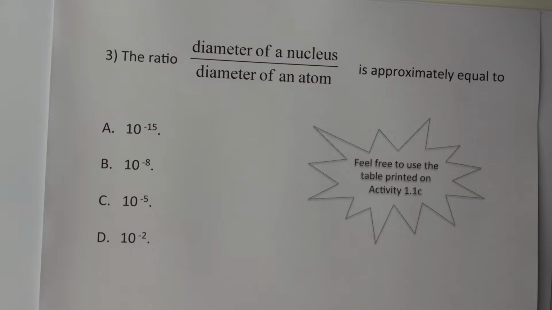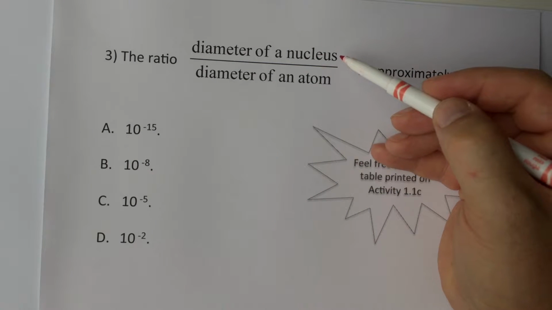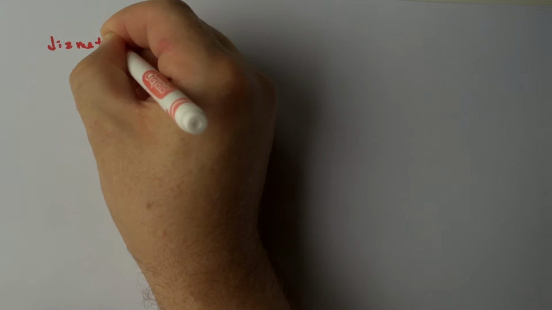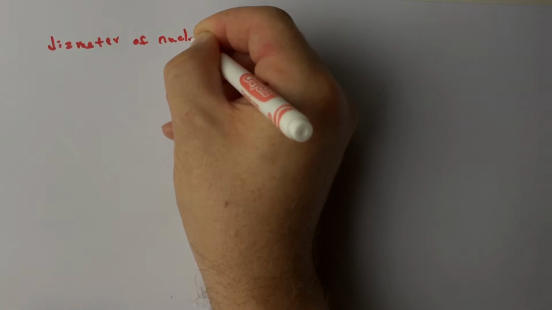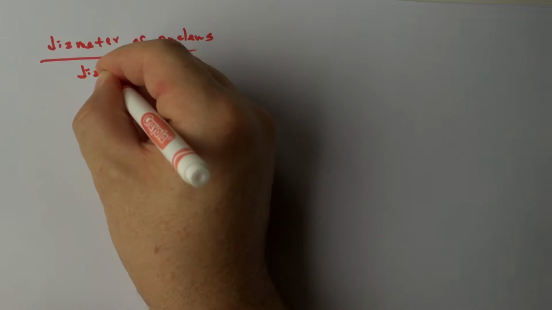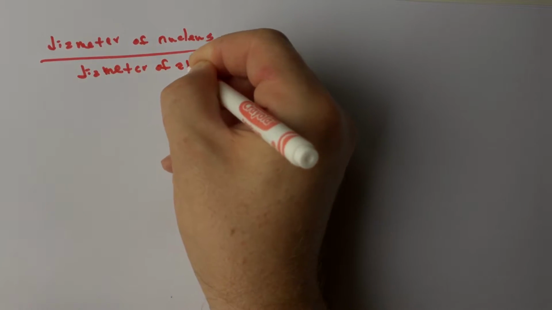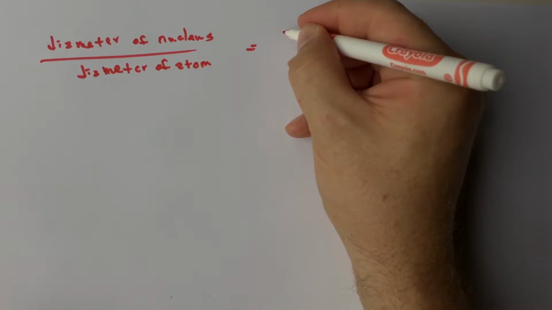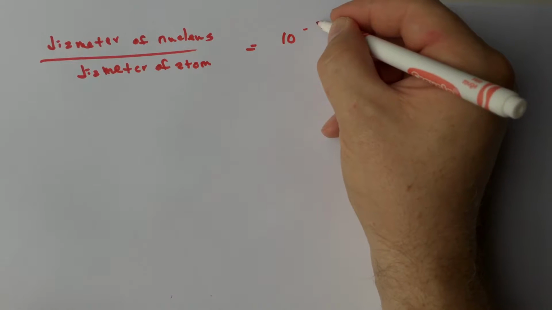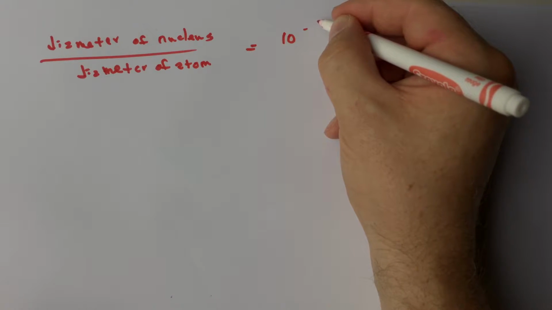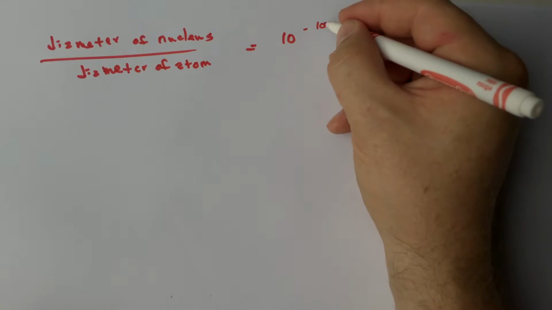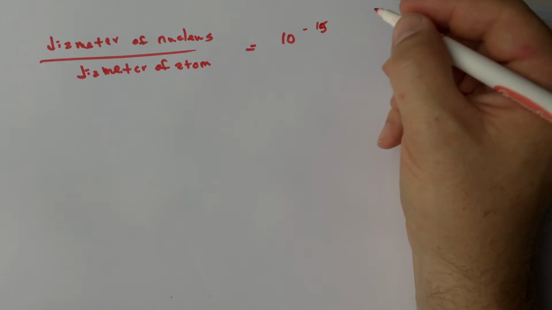This is something that you're not expected to memorize, at least not at this point, and we have a table on activity 1.1c that tells us that the diameter of a nucleus is about 10 to the negative 15 meters.